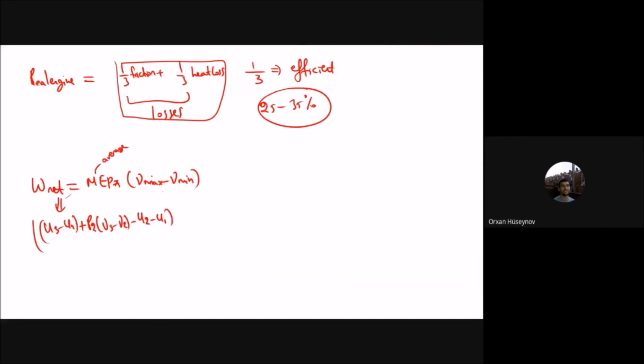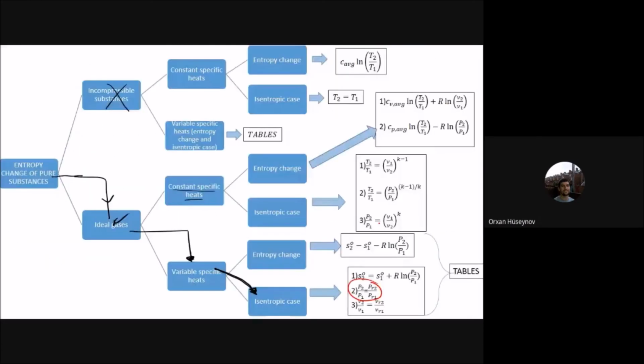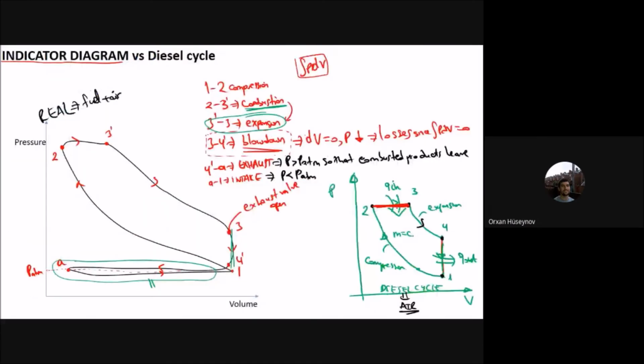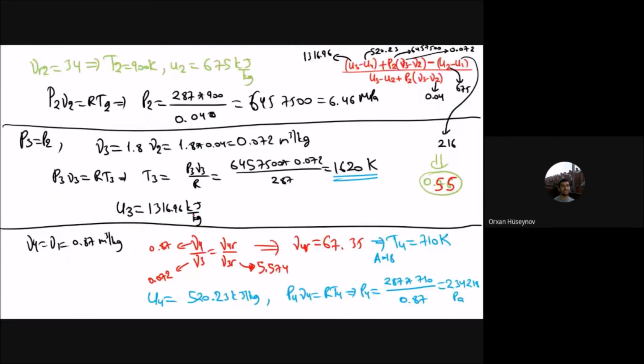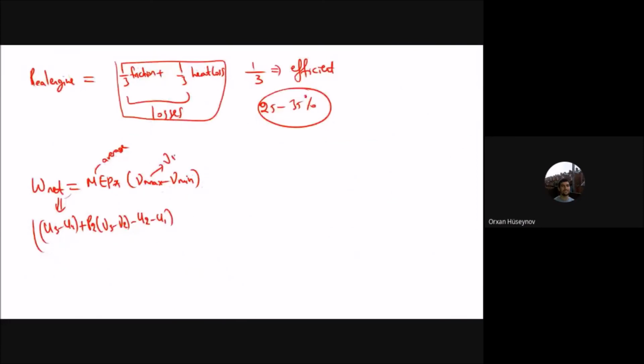And you know from the chart that the v max value is v1 or v4, they are the same, and the minimum value is v2. So this one is v1 or v4, and this one is v2. You can replace the values and get the result of the MEP.